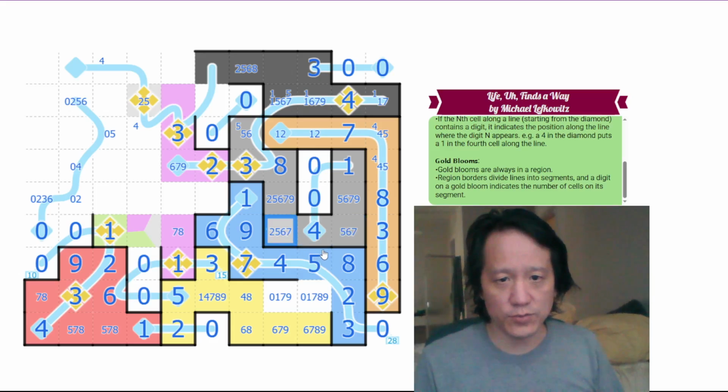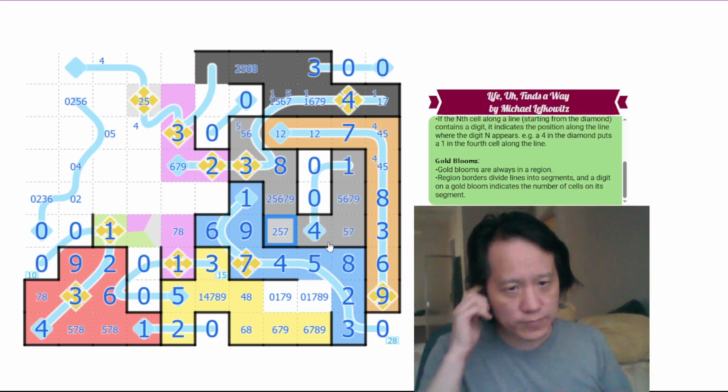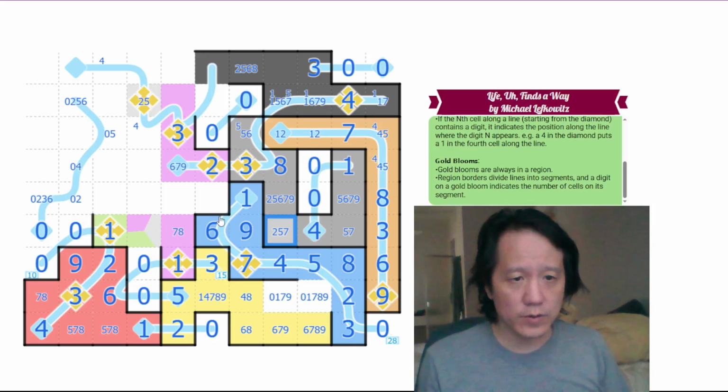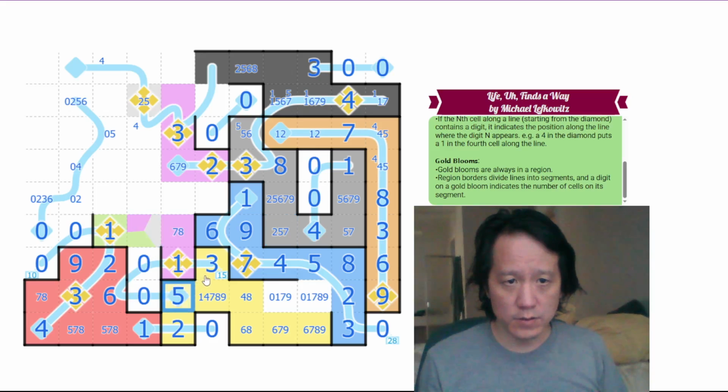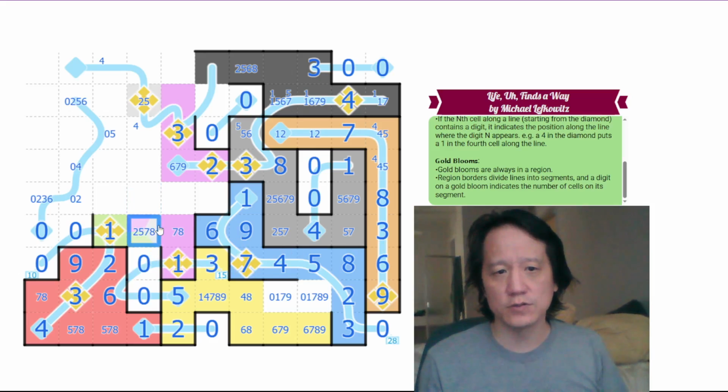These can't be 3. What the heck did I just do? Okay. This digit has to be 2, 5, 7, or 8. Okay, so those could be anything.